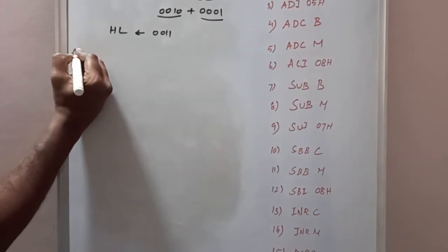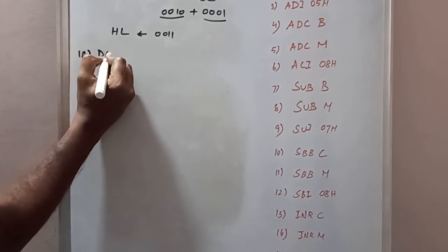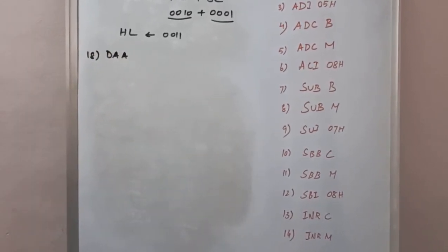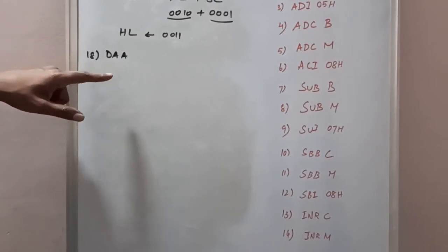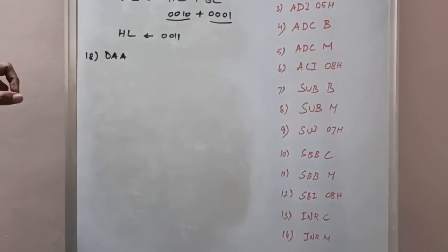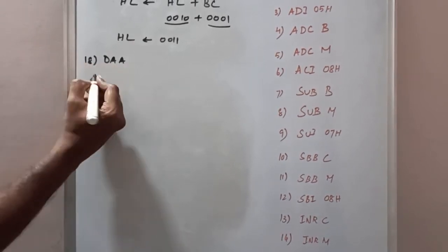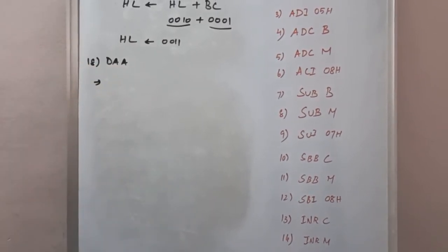Next instruction, DAA, decimal adjust accumulator. This instruction is mainly used to find whether it's a valid BCD number or an invalid BCD number. In this instruction, you can use two cases.